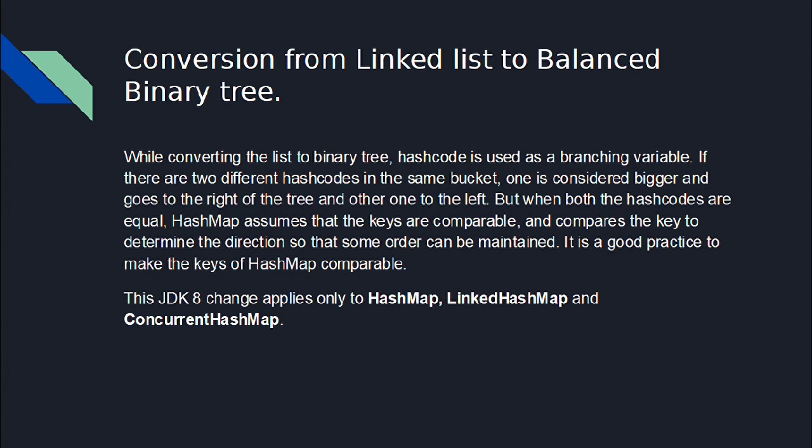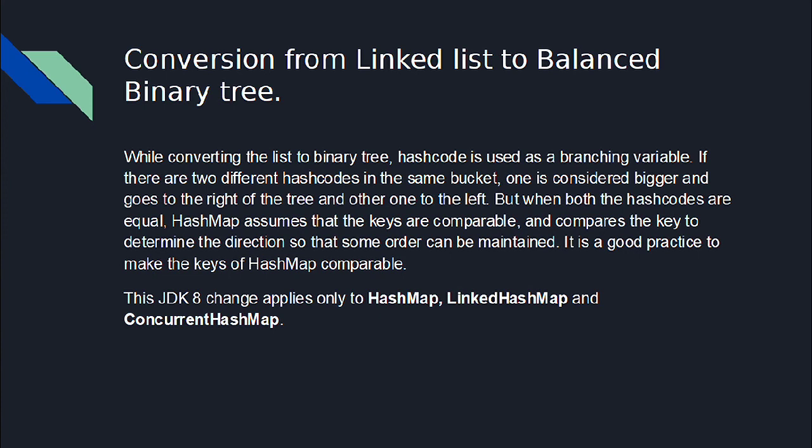Now the next question is, how do we convert the linked list to a balanced binary tree? That conversion is based off of hash code. It uses hash code for our branching mechanism. We give it more of an implementation of a balanced binary search tree. While converting the list from a linked list to the tree, we use the hash code of keys.